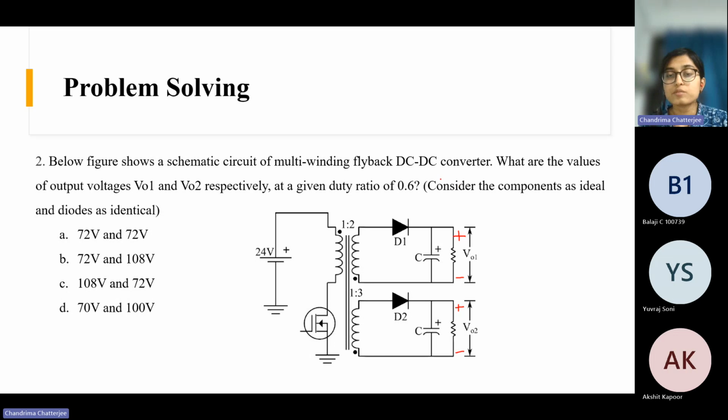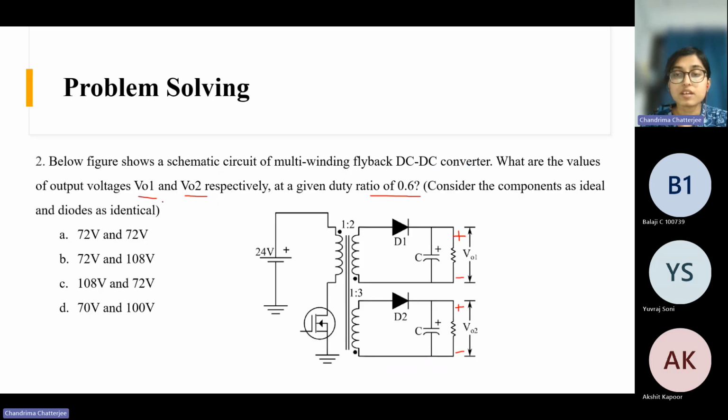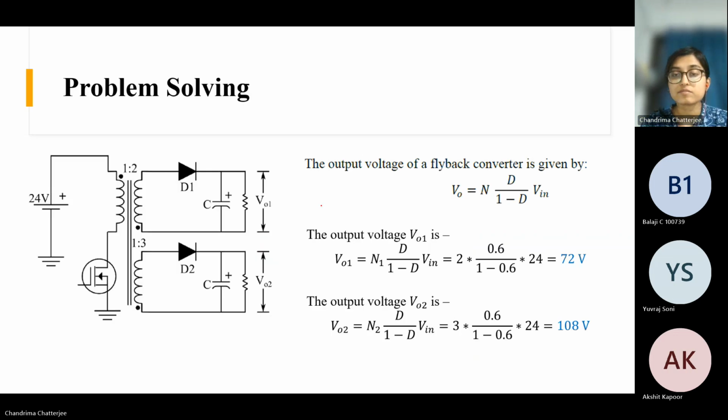Here, what information do we have? We have the duty ratio information, and the components are ideal. We need to find out VO1 and VO2. The input voltage is given here in the diagram, 24 volt. Here we can use this relationship straightforward for finding out VO1 and VO2.